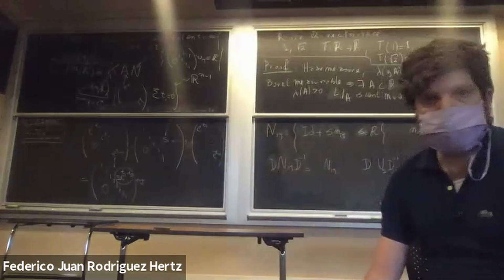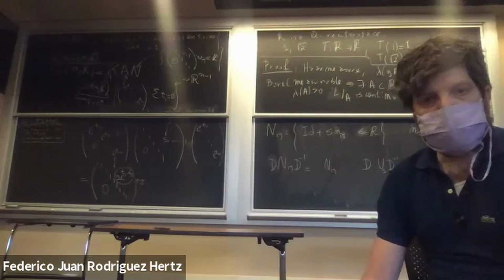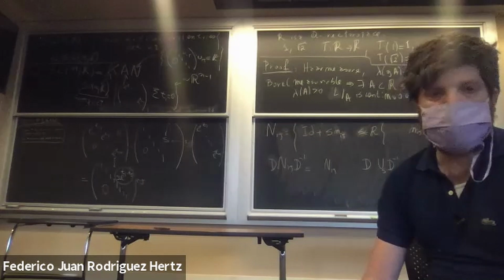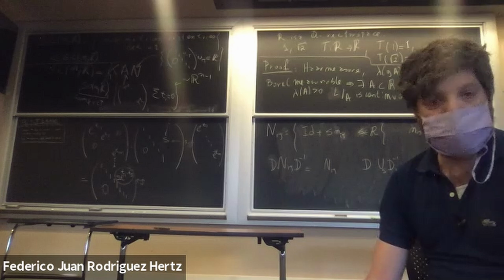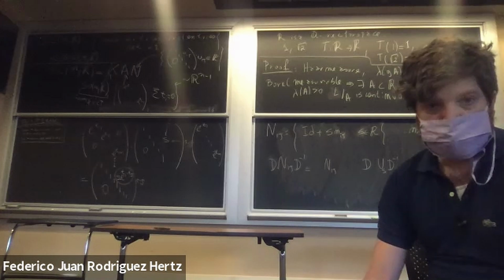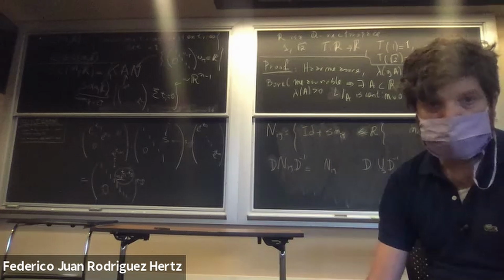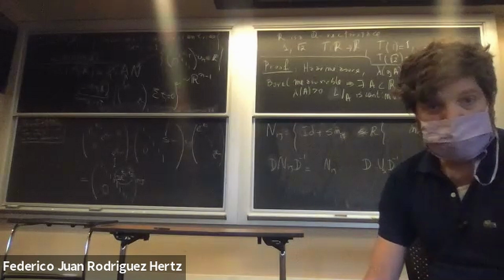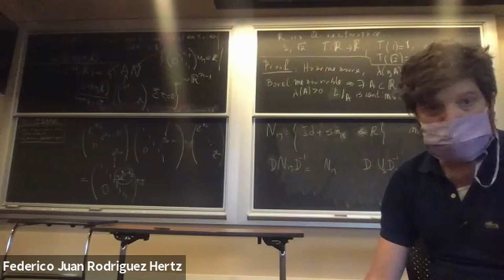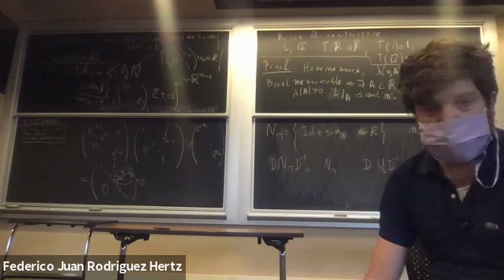Okay, so this is very important because it's telling me a way of thinking about multiplication of matrices, and a way of thinking about conjugating by a matrix. So it's not for any pair of matrices, how I multiply any pair of matrices, neither how I conjugate any pair of matrices.